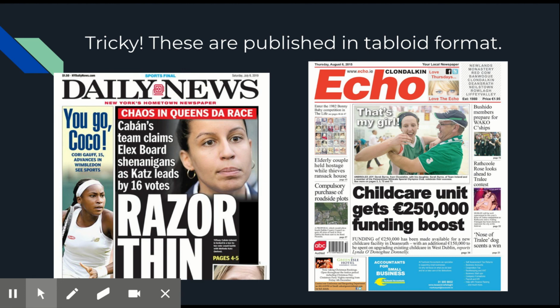I think they've won 11 Pulitzer Prizes. So, just because something is a tabloid doesn't necessarily mean that it's not going to have trustworthy information or that there's not real reporting going on there. So it's tricky to keep them straight. Make sure that you're really thinking through and using some of that information to make a determination about the front page that you find for homework.